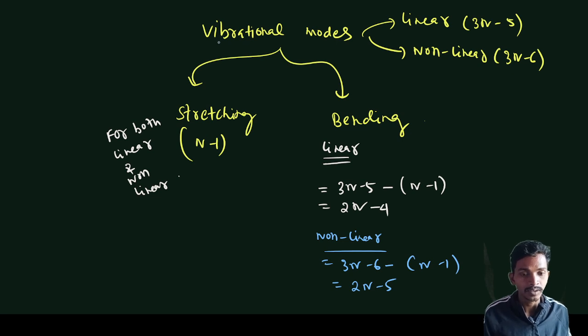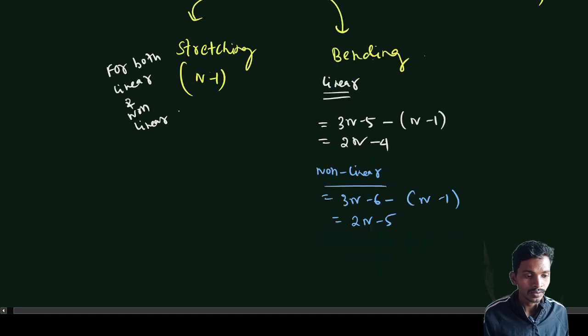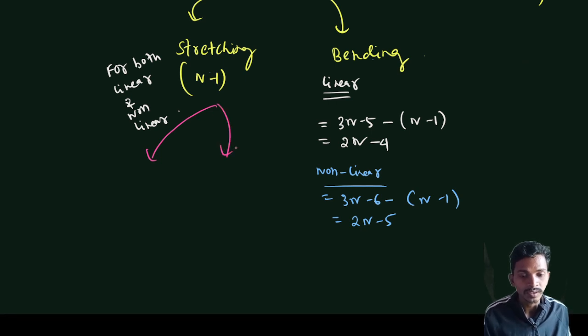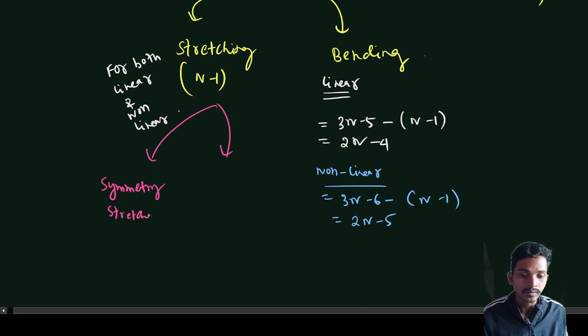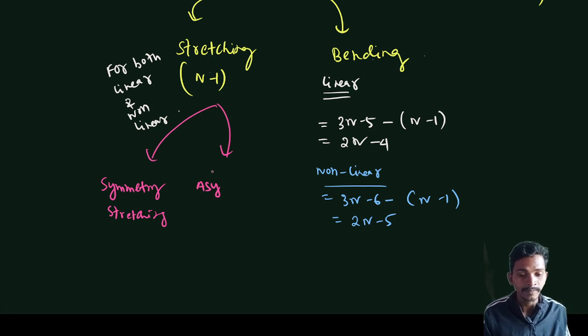So we have discussed that vibrational modes can be either stretching or bending. But we also know that stretching can be of two types, meaning there are two ways we can stretch. One is the symmetric way, called symmetric stretching. Or we can do asymmetric stretching.